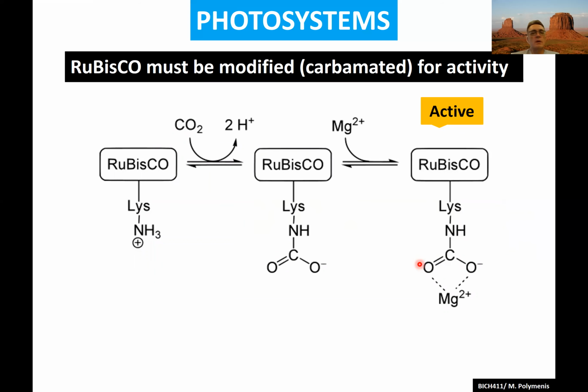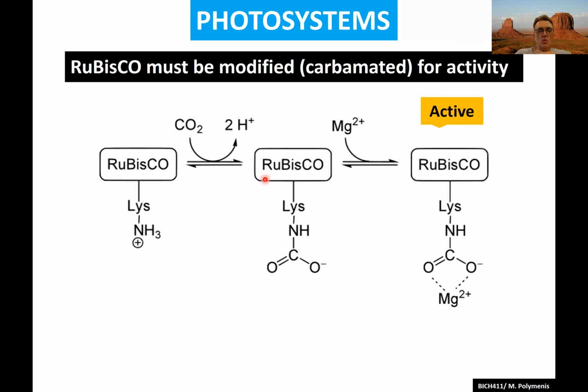In addition to being activated, Rubisco needs to be post-translationally modified. Another CO2, a different CO2, not the one that participates as a substrate in the carboxylation of RuBP, comes on and modifies, it carbamates a lysine residue.